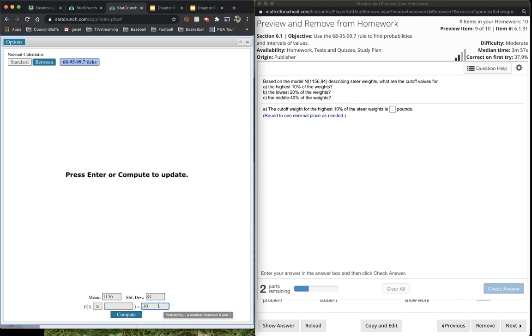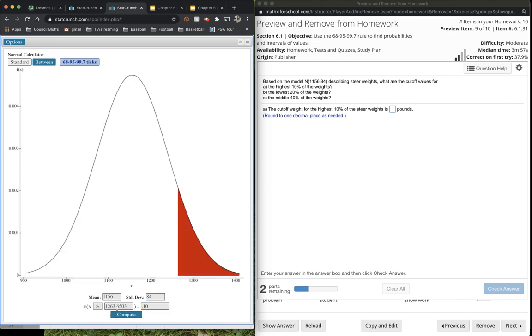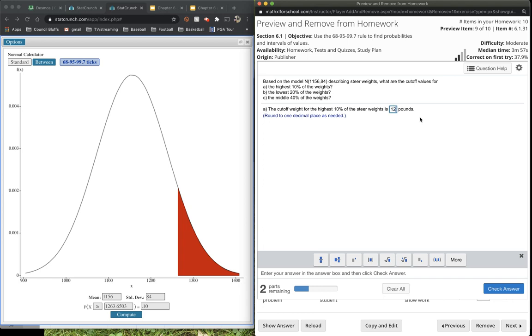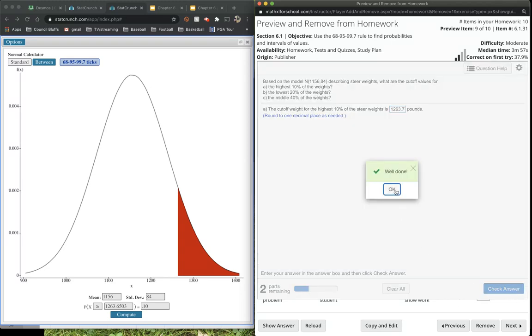And I'm going to put the percentage after the equal sign. Okay. And this is your answer. It gives you the answer right here, round to 1 decimal place. So that's going to be 1,263.7 if we round that to 1 decimal place.